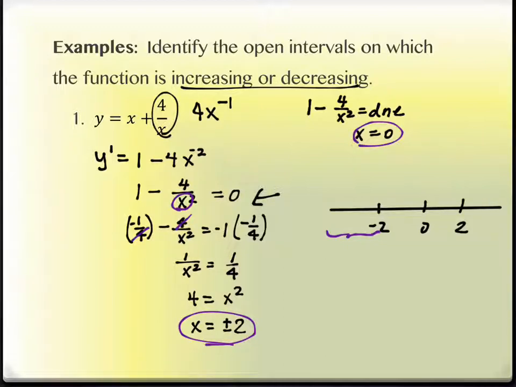Because it has to do the same thing on this entire interval, I can pick any point in that interval, and it can serve as a test point. So what I'd like to suggest is that we take the point negative 3. And if you don't like negative 3, take another point, like negative 4. Negative 10, I don't care, just pick one. What we want to do is figure out what the derivative does at that location.